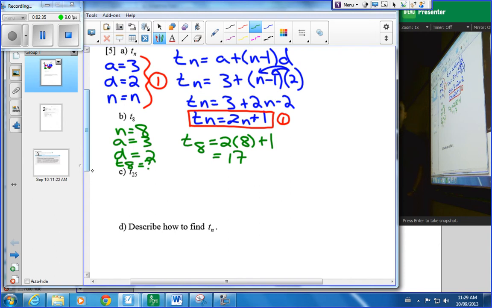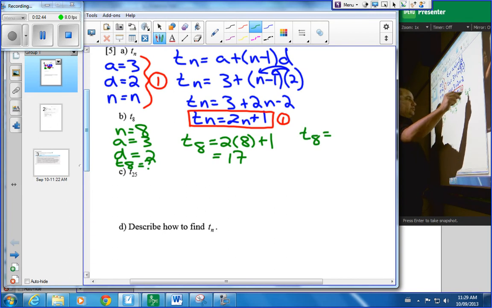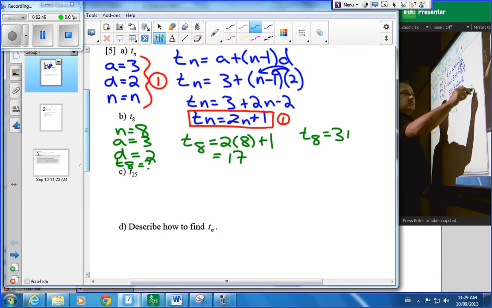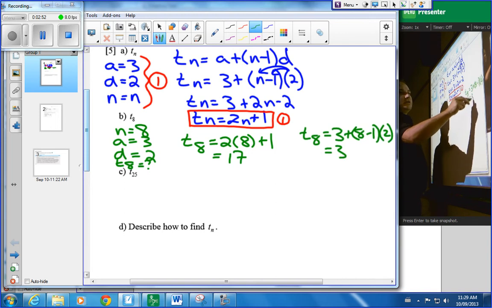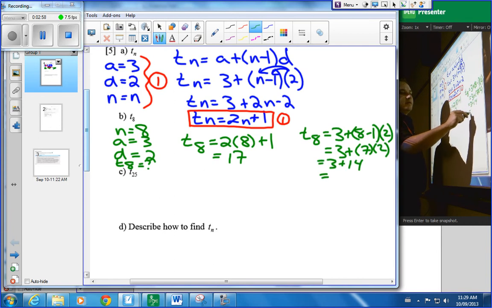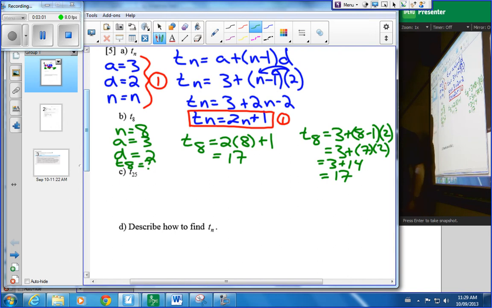And you went back maybe all the way to the top formula there. That's fine, you can do that. So T8 is equal to 3 plus 8 minus 1 times 2. You get 3 plus 7 times 2. 3 plus 14 is 17. You should still get the same answer.